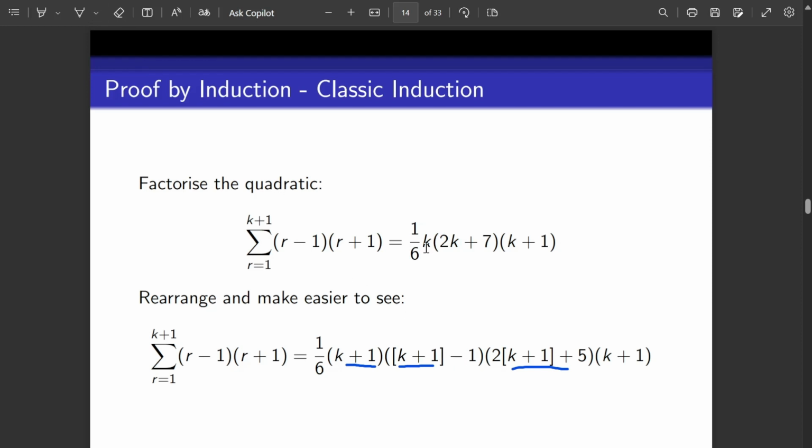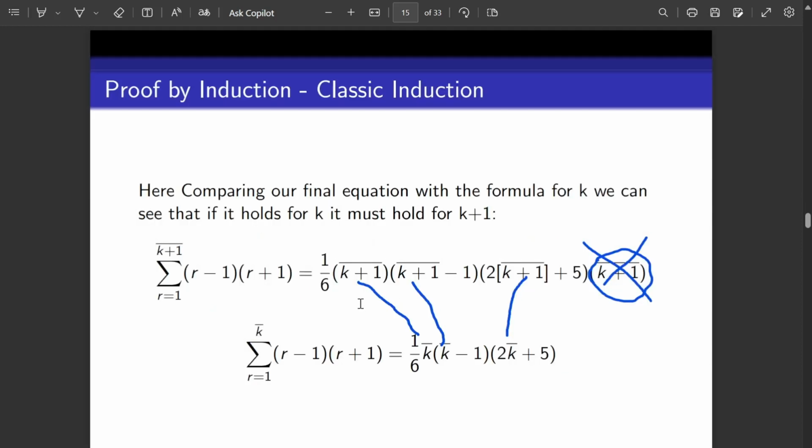It doesn't really look like it, but k is the same as k plus 1 minus 1, and 2k plus 7 is the same as 2 times k plus 1 plus 5. And k plus 1 is just k plus 1. If you rearrange it to make everything easier to see, don't pay attention to this, I accidentally put in the same term twice.